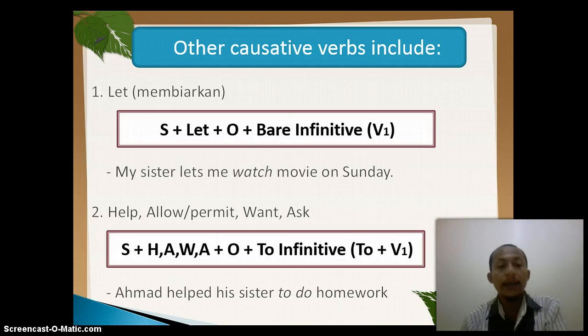Ahmad helps his sister to do homework, or I allow my sister to go home, I mean, like permit, want: I want you to do something. So you can use these structures in causative when you ask someone to do something.